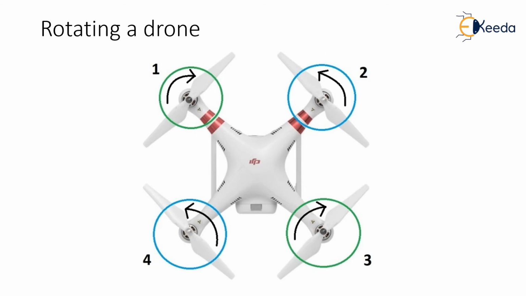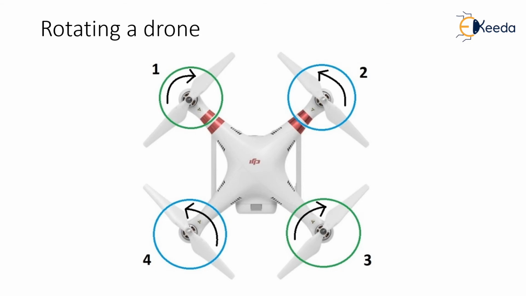To rotate the drone without creating the above imbalances, use a decrease in the spin of motors 1 and 3 with an increase in the spin of motors 2 and 4. Therefore, to summarize, when you want the drone to turn, you slow down two of the diagonal motors and you speed up the other two diagonal motors.